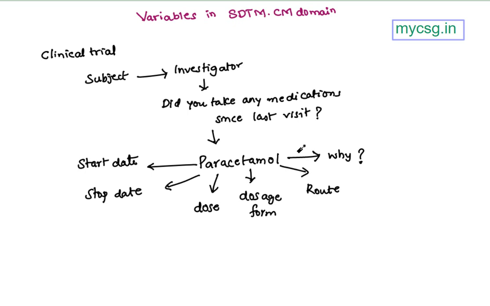So let us now try to identify the variables that would be used to capture the information as part of SDTM CM domain. Every clinical trial would have an identifier, and that identifier for study would be stored in a variable called STUDYID.